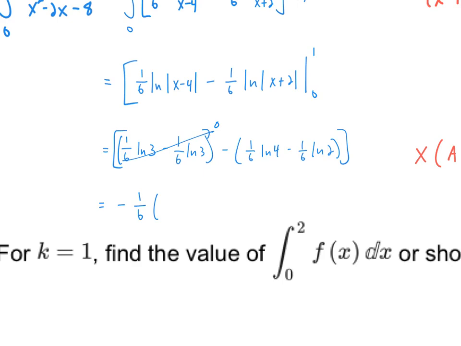Pull out the negative 1/6. And keep in mind, this negative will distribute to make this negative and this positive. But if I pull out a negative, I'm left with ln of 4 minus ln 2.